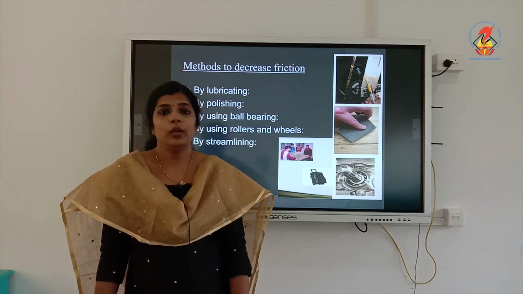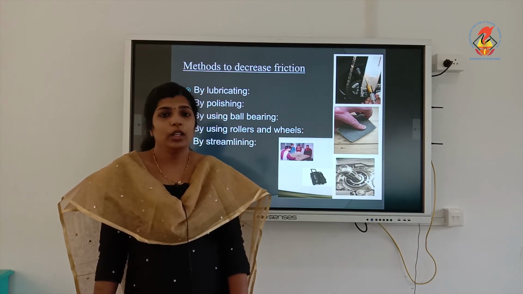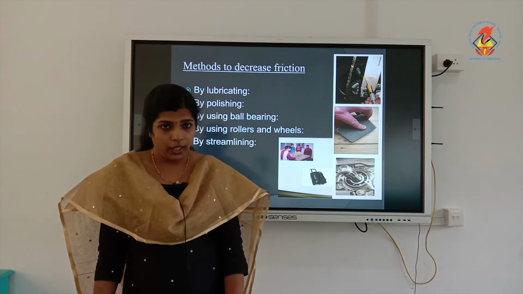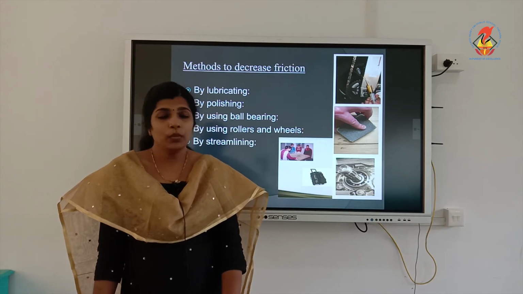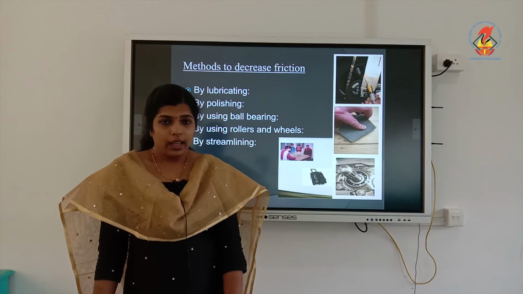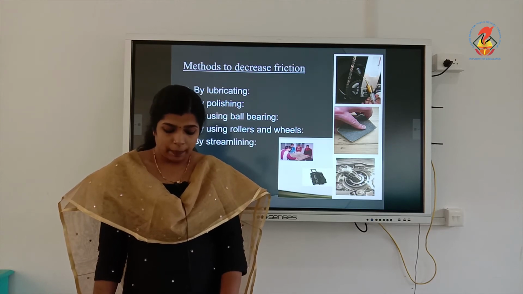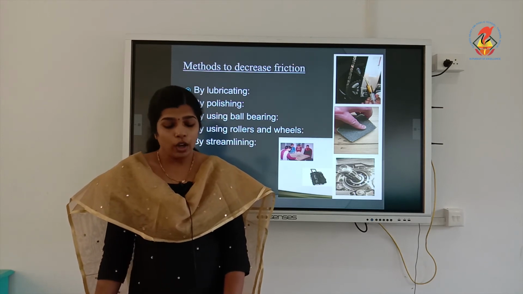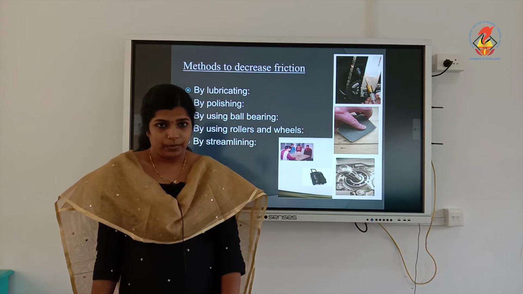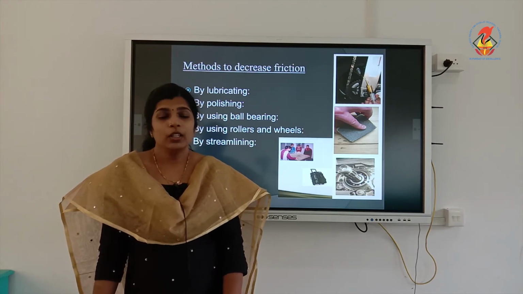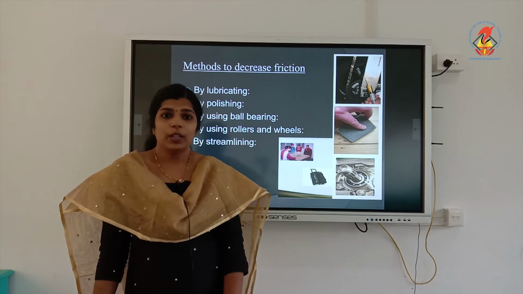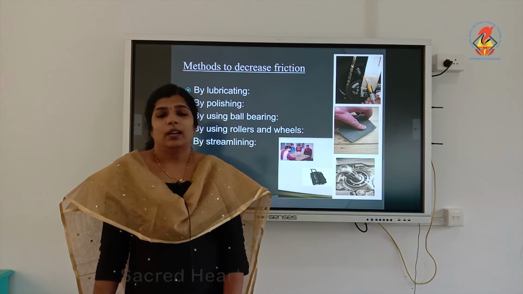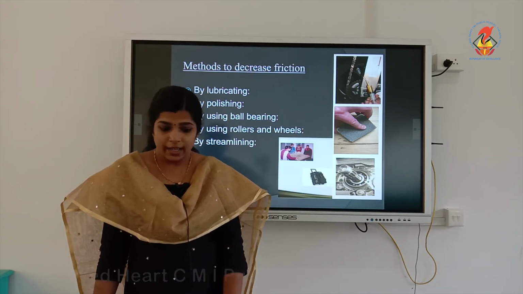What will happen when you apply lubricants on the moving parts of a machine? When you apply oil, grease or graphite between the moving parts of a machine, a thin layer is formed between the moving surfaces so that they do not rub against each other directly.